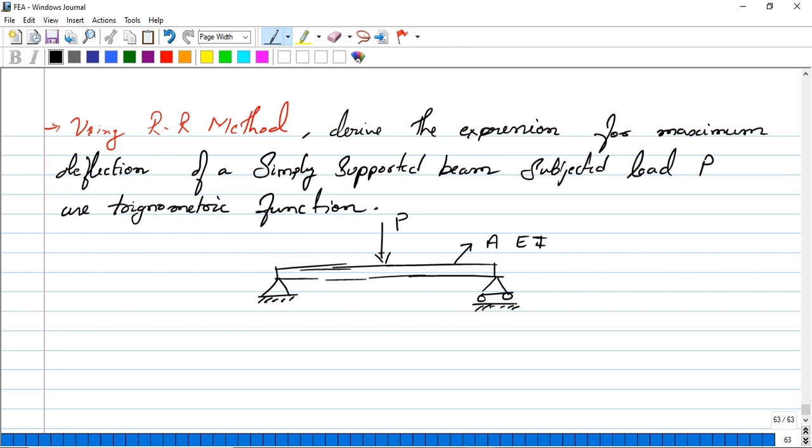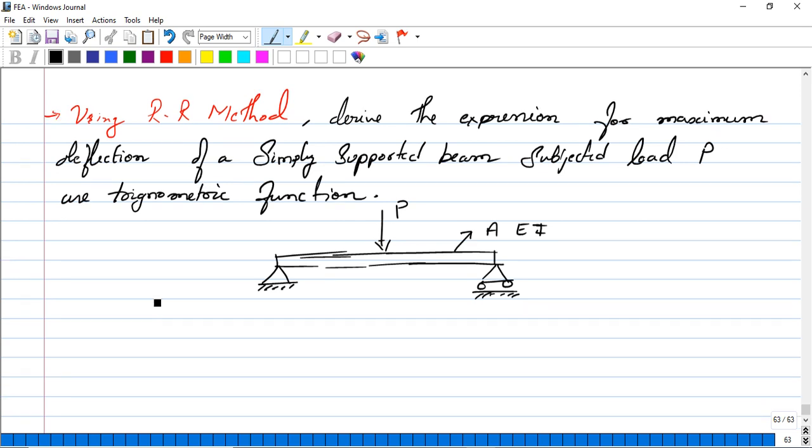In the roller support, there will be motion in the x direction, whereas the vertical displacement will be 0. The boundary condition will change, and here again it is subjected to a point load, not a UDL. If it is a UDL, the work potential equation will be a different one. So we shall see the step by step solution.